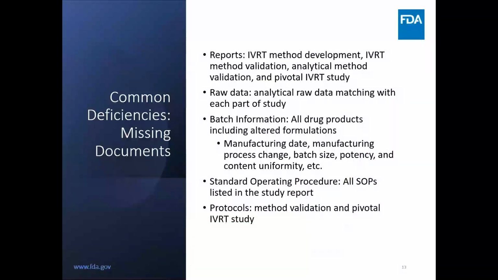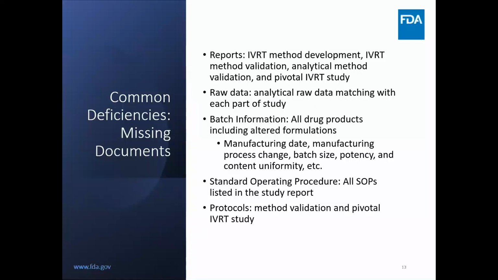So let's talk about the common deficiencies. The first is missing documents. As a regulatory agency, we expect a complete application package containing the proper documentation. For study reports, we often see that the IVRT method development report is not submitted, and sometimes method development is part of the method validation, but ideally we expect an independent report for the IVRT method development.